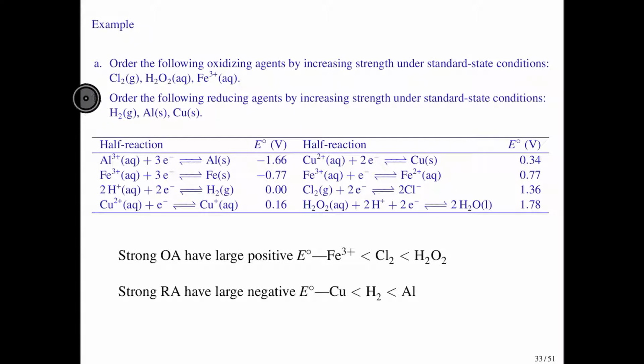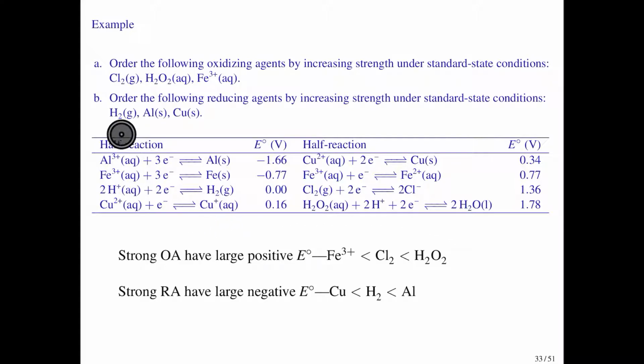On the follow-up problem, we're considering different reducing agents: hydrogen, aluminum, and copper. The reducing agents appear on the right-hand side of the reduction reactions. And when you want to talk about a strong reducing agent, you want a species that has a large negative value for the reduction potential.